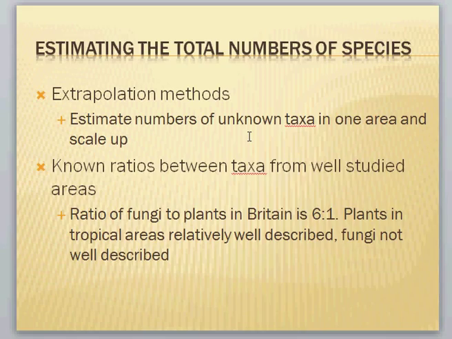If plants in tropical areas are relatively well described and fungi are not well described, from this ratio, maybe there are 6 times as many fungi in a tropical rainforest as there are plant species. So if we estimate that there are, say, 150,000 plant species in the rainforest, will there be 900,000 species of fungi in the tropical rainforest using this known ratio method?